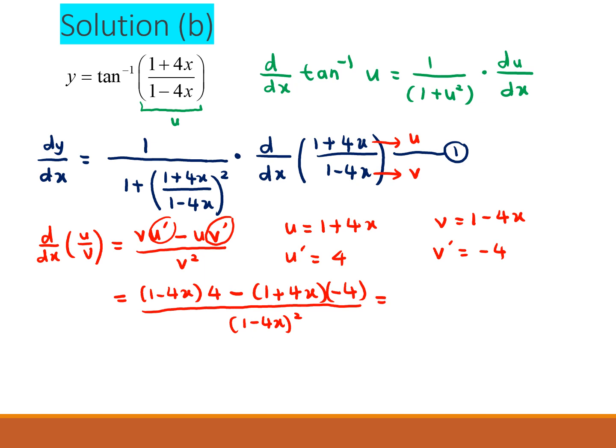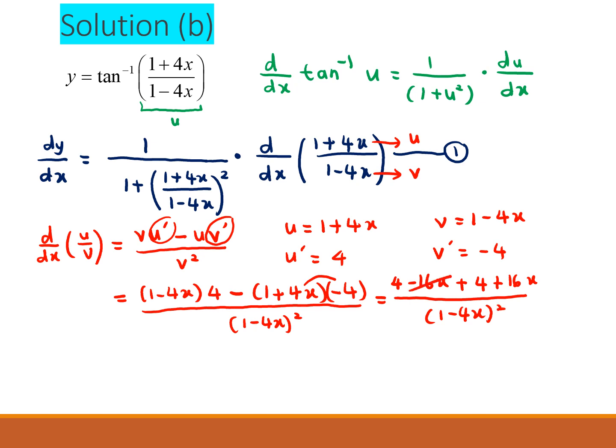So we expand this, we get 4 minus 16x plus 4, plus 16x, because this will be negative 16x, and then the negative of negative 16x will be plus 16x, over 1 minus 4x squared.